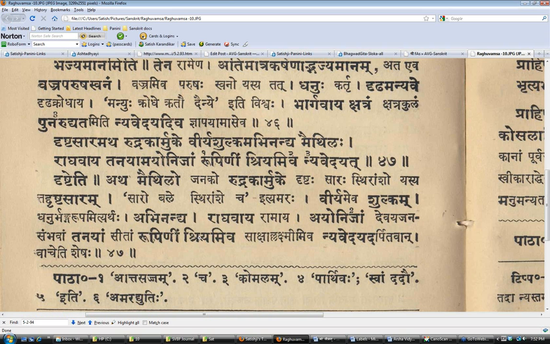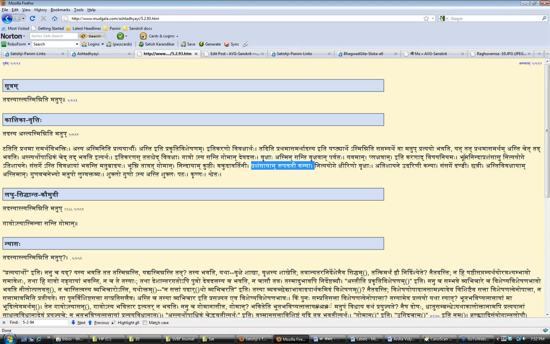So she was like Lakshmi personified. So Rupinim is Sakshat. Shriyam is Lakshmi. So this is not Prashasta Rupavatim. It's not that. Rupini means Sakshat, means she was like Lakshmi personified. So I made a wrong statement last time. I was thinking of this sutra, of this karika here.